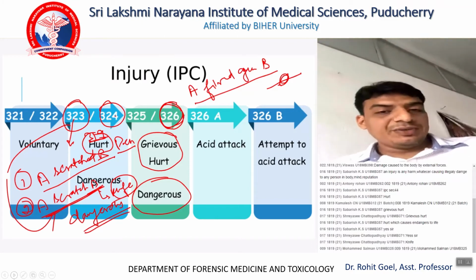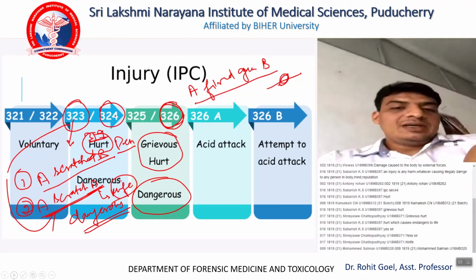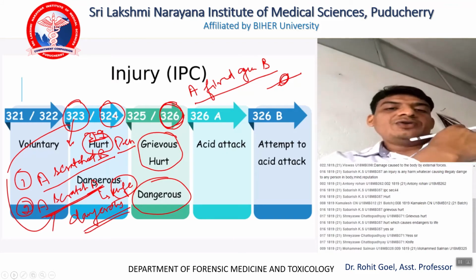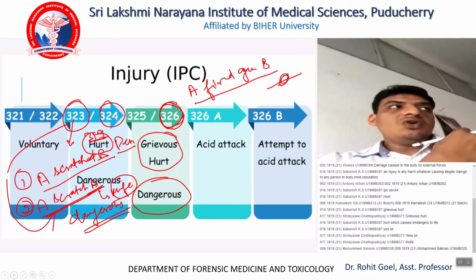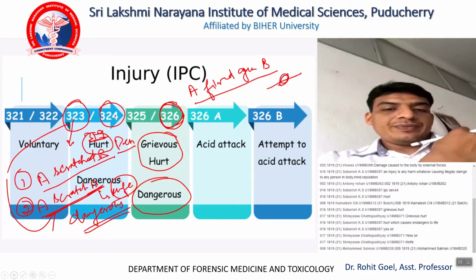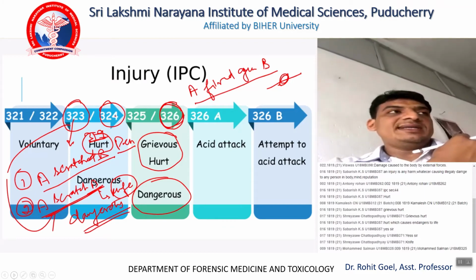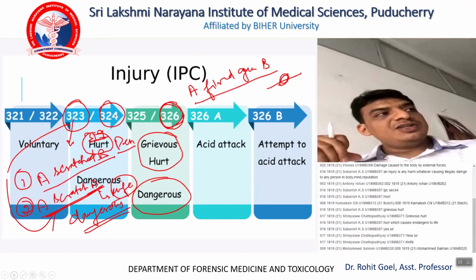It did not enter the body. It just grazed the superficial aspect of skin. Let's say it just grazed the shoulder without causing any injury underneath. So what kind of scenario will this be? 323, 324, 325, 326? A fired a gunshot at B.